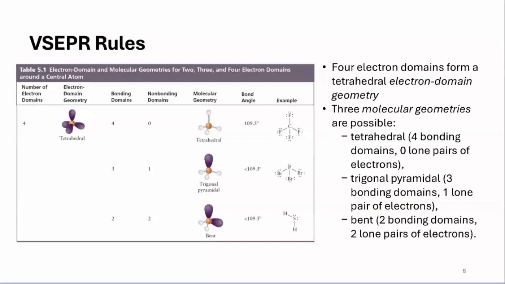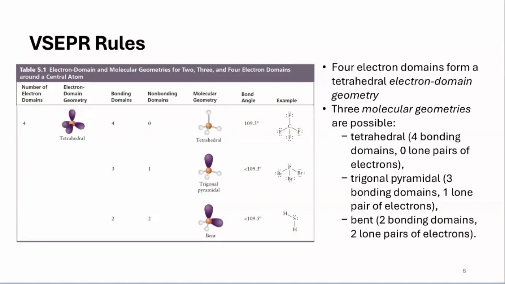When it comes to tetrahedral molecules, if the central atom has 4 bonded atoms and no lone pairs, then the molecular geometry is also tetrahedral. The angles present in the molecule are going to be 109.5 degrees.